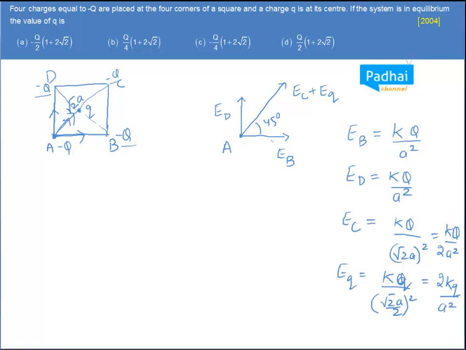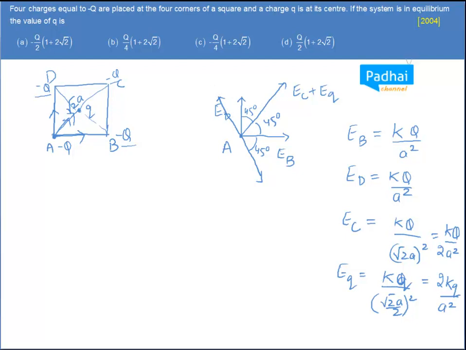Now, because electric field is a vector quantity, we have to resolve it in the directions, right? So let us resolve EB in two directions, one along the diagonal and one along this direction, at 45 degrees, and ED has to be also resolved along this diagonal and along this direction.